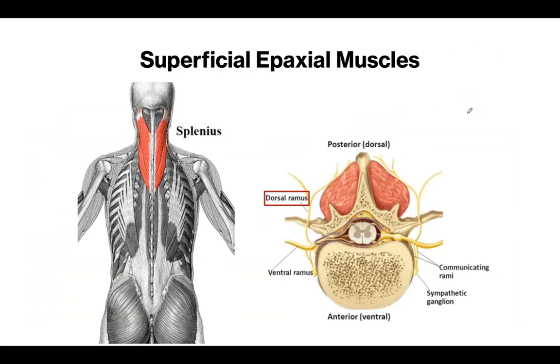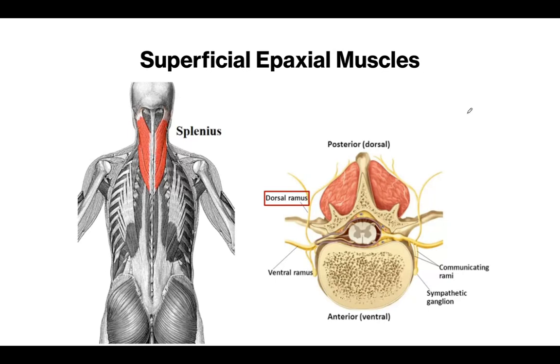So the interesting thing about this muscle is that splenius is actually split into 2 different muscles. That's why in your lab manual it says splenius and then in parentheses capitis and cervicis. Now, for my lecture course, I do not need you to know the difference between these 2 muscles. We can just group them together and call them splenius.